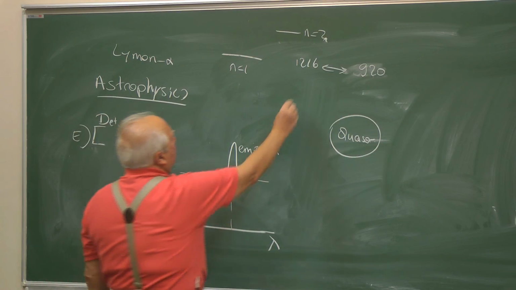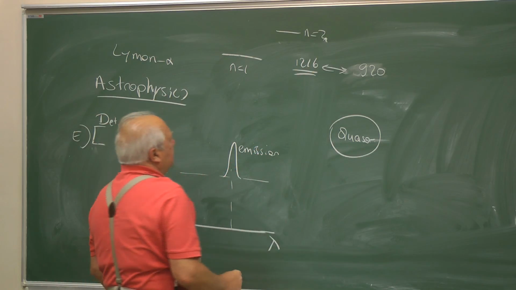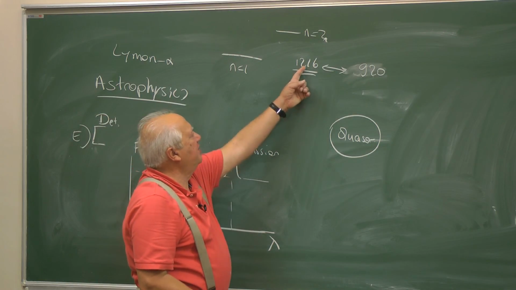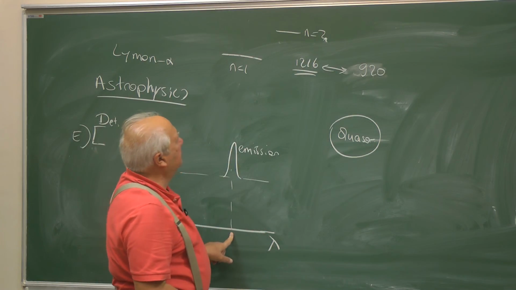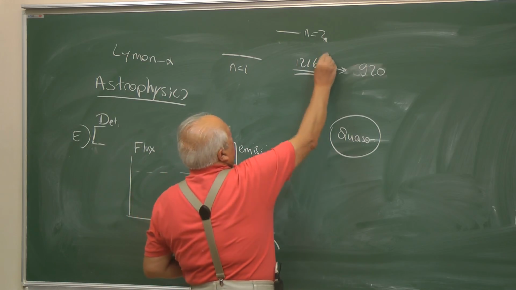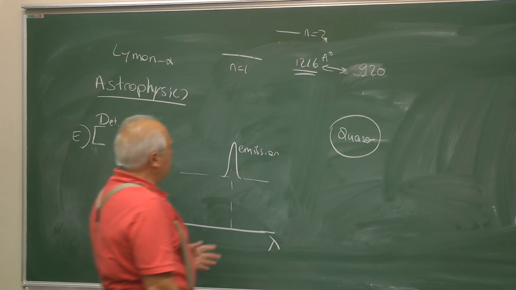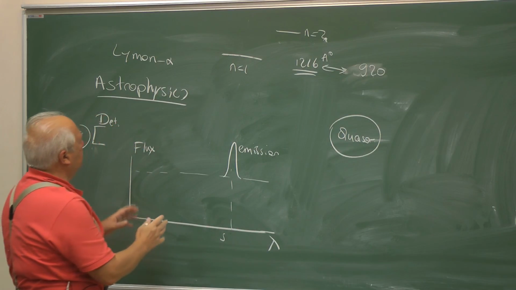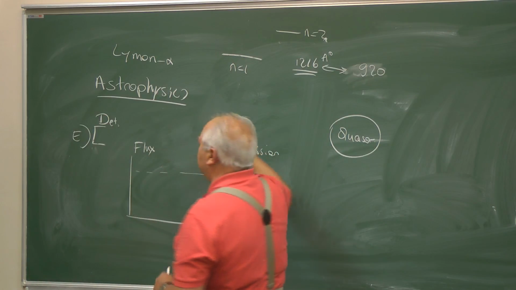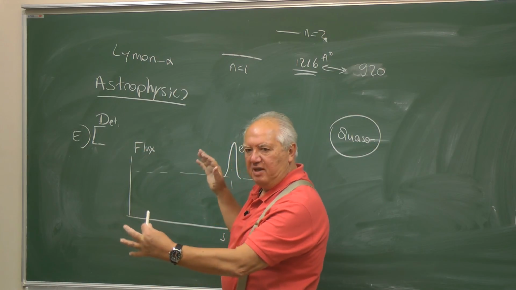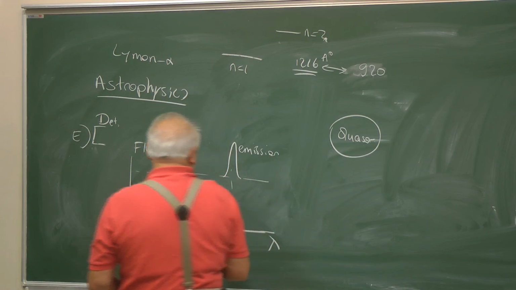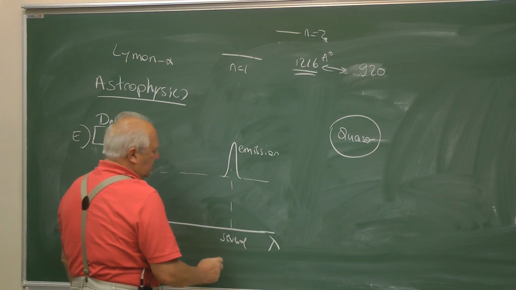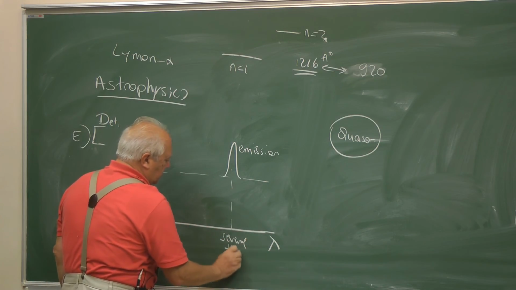So this is the alpha wavelength. If we were just near the quasar, we would have measured lambda to be 1216 angstroms. But of course, this is now several thousand. Why? Because by the time light reaches us, the universe has expanded. And so this is several thousand, depending on which quasar you look at.